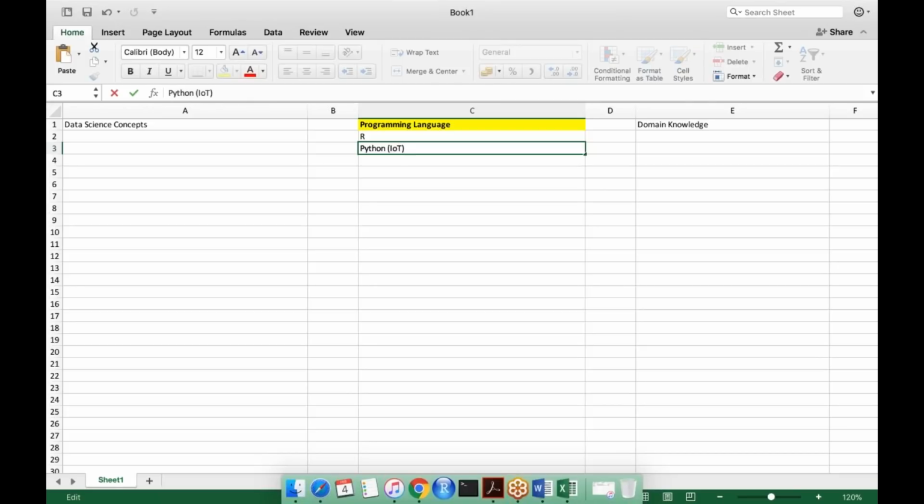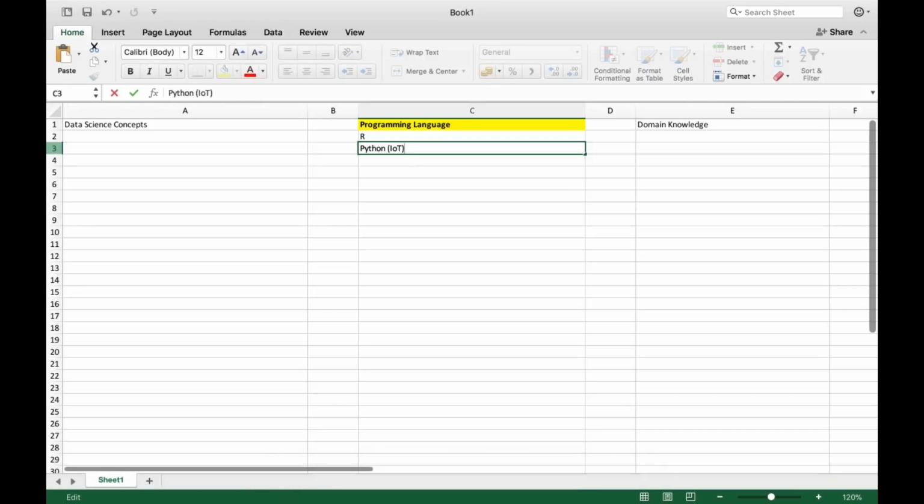So, for every person on the planet, there will be approximately 6 to 7 interconnected devices. What would those devices do? These devices will periodically keep sending data, and that data would be streaming data. It's not that you'll wait for 1 hour, take the data and then analyze it. No. As you keep getting the data, you keep analyzing the data, right? So in those kinds of scenarios, Python will work very well.